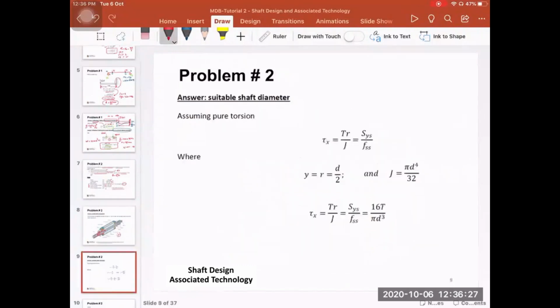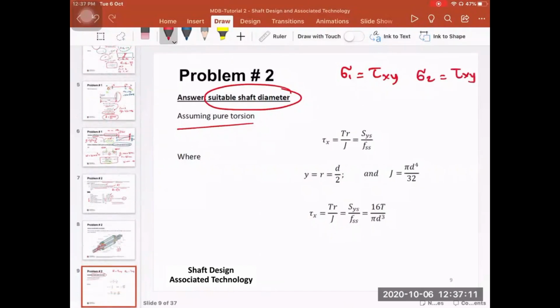Okay. So next, we want to find the suitable shaft diameter, based on pure torsion. Okay, so we have only tau xy here. So in this case, sigma 1, the maximum principal stress, is equal to tau xy. And then sigma 2, the minimum principal stress, is equal to minus tau xy. Sigma x is equal to 0 because you don't have any normal stresses.